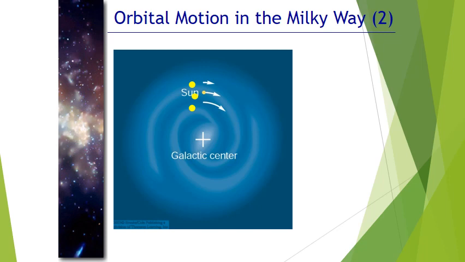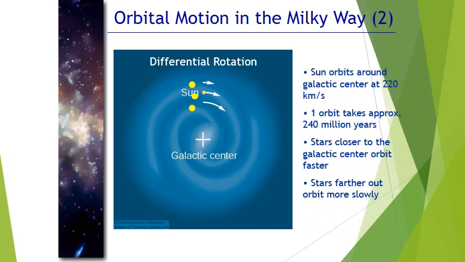And one thing that makes a galaxy, remember, a galaxy is just a collection of billions of stars, and they are gravitationally bound to a center. So there's a galactic center. We say it's in the vicinity of the constellation Sagittarius, and all of the stars appear to be bound to this galactic center, and they orbit around. Well, it turns out that our sun takes about 240 million years to orbit one time.